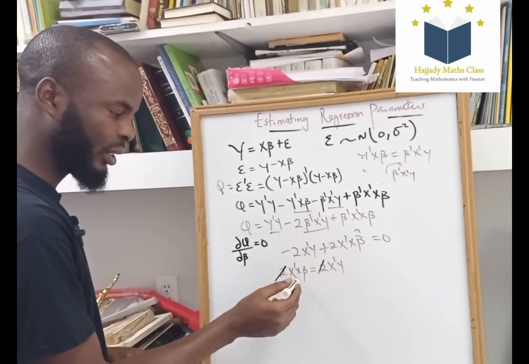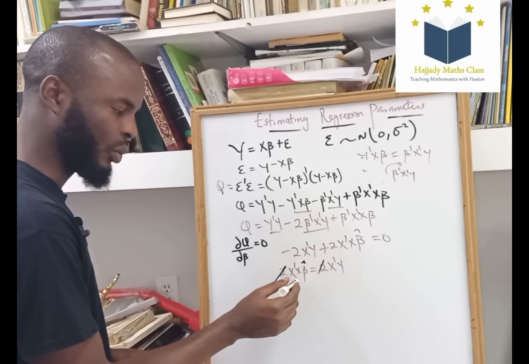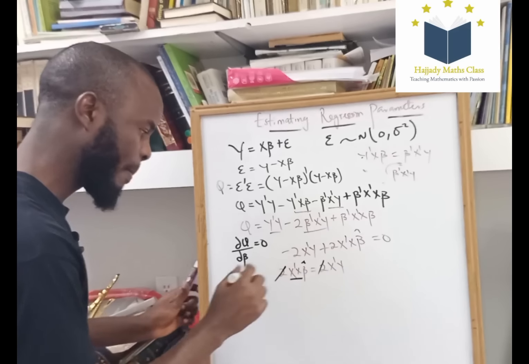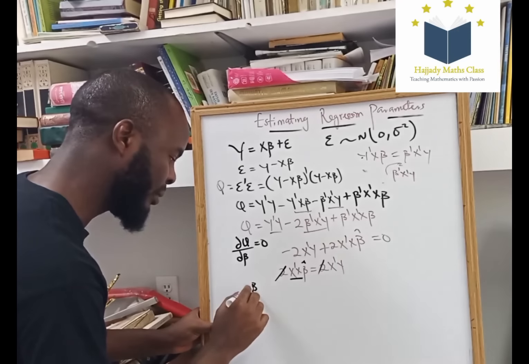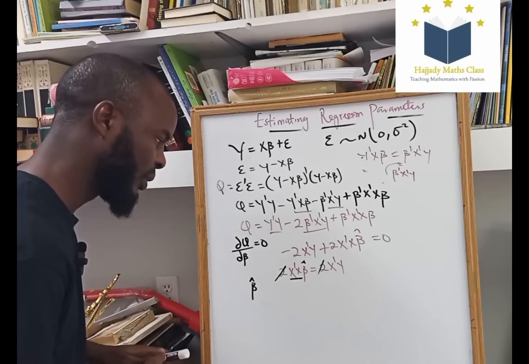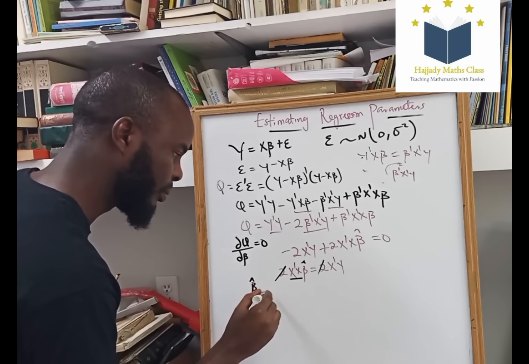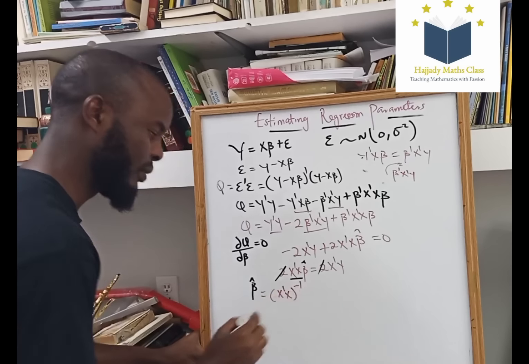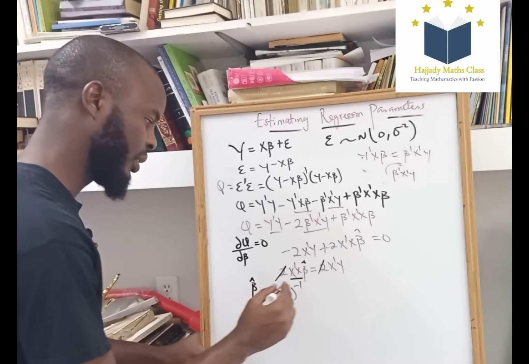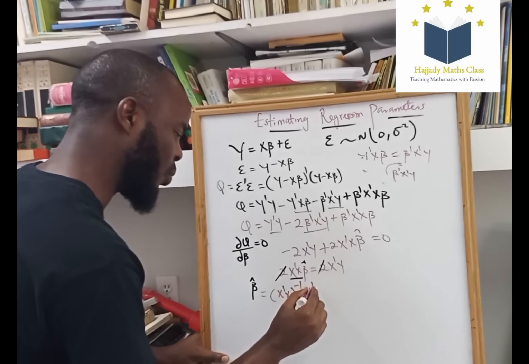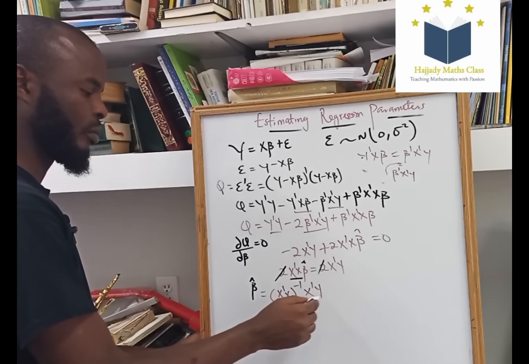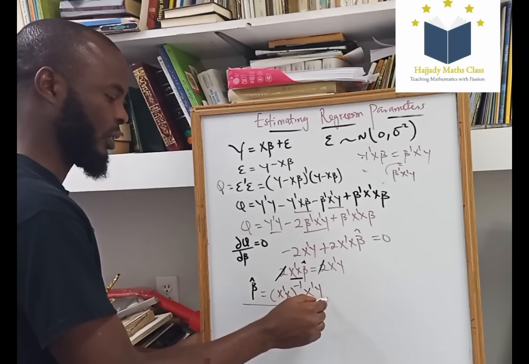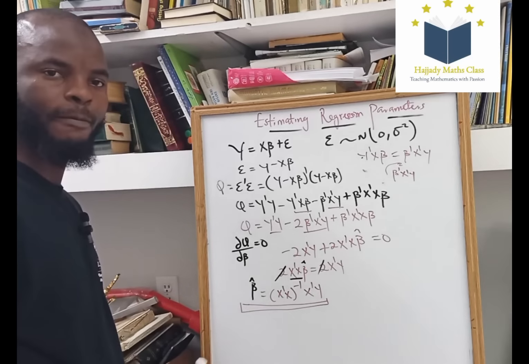So we want to get rid of the coefficient of β, which is X prime X. So this is going to be β cap equals X prime X inverse, a matrix, X prime y. So this is the general form of our parameter β.